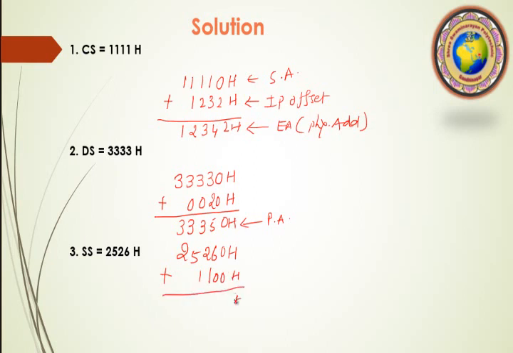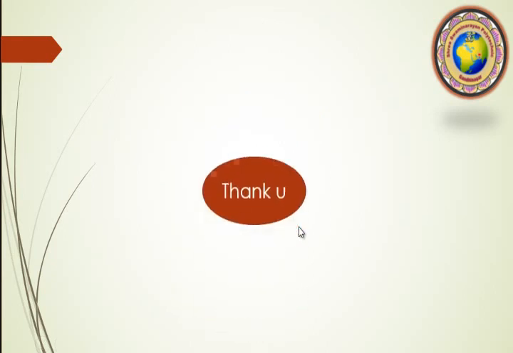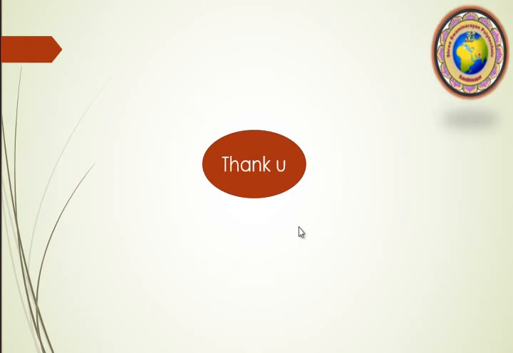Our final result is 26360H, our physical address. Here we used the DI offset, and here the SP offset. The starting address plus the offset gives the final memory address we can generate. I hope you can understand how memory addresses are generated, and memory segmentation. Thank you very much.